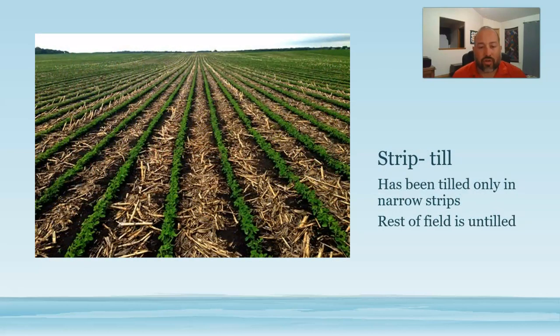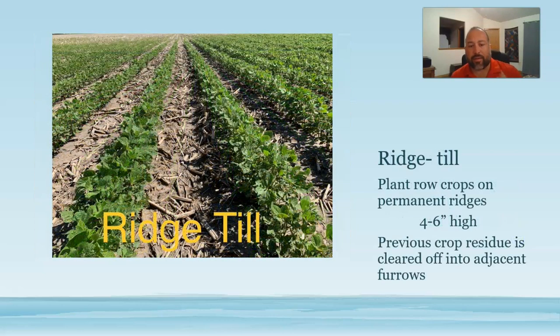You can also do strip tilling, which you can see is almost the same thing, but it's only been tilled in narrow strips, and the rest of the field is untilled. And then you also have ridge tilling. So you're going to plant row crops in these permanent little ridges, only about 4 to 6 inches high, and then you're going to take all the crop residues and put them in between the ridges.